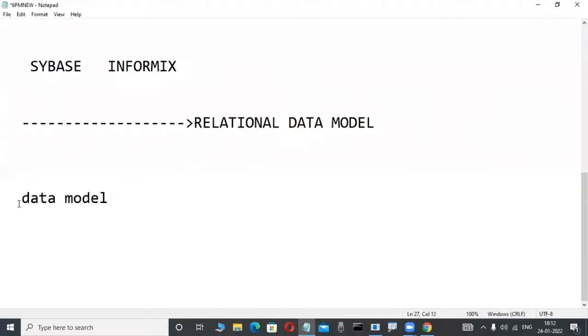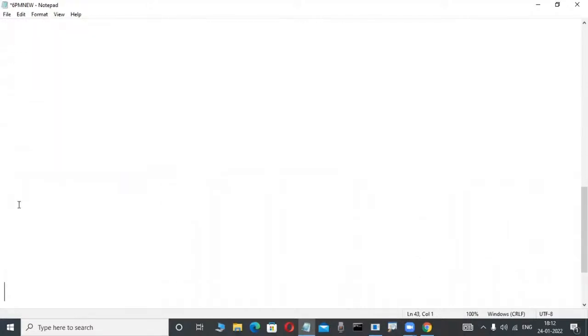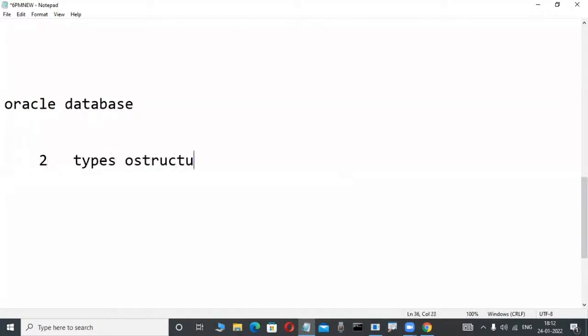Slowly observe here. For anybody who attended the previous class, I am telling one thing. Suppose Oracle is a product. This Oracle database, or any relational database, has two types of structures, as I told in the previous classes. One is the logical structure, and another one is the physical structure.